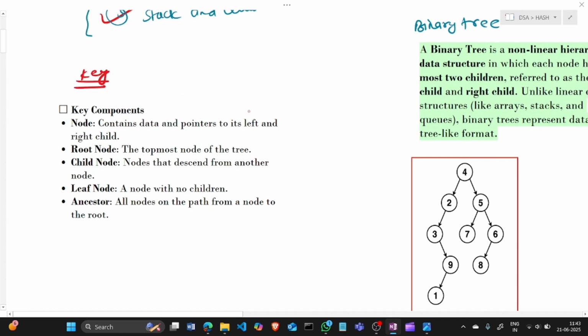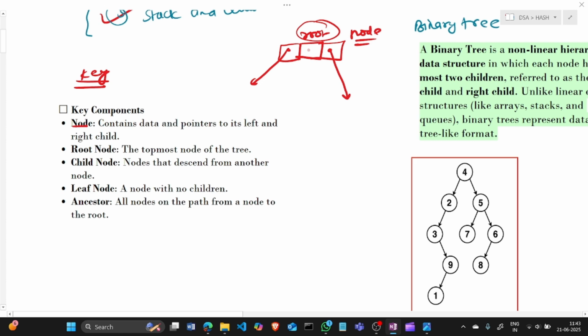First is a node. A node contains the data and pointers to its left or right child. So let's see, this is the root. In the root there are two pointers. Root is the topmost node of a tree.